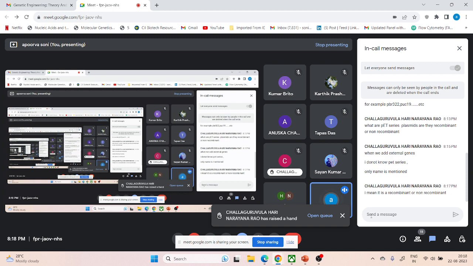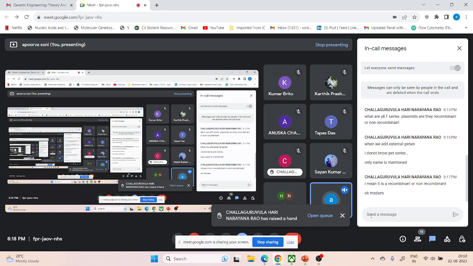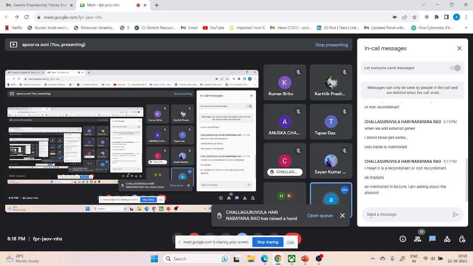If I am purchasing a plasmid from a company like Addgene, it will not come in recombinant form. It will come in its original form. I will make it recombinant by adding my external gene to it.